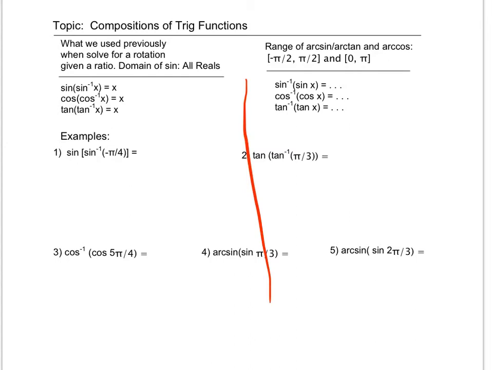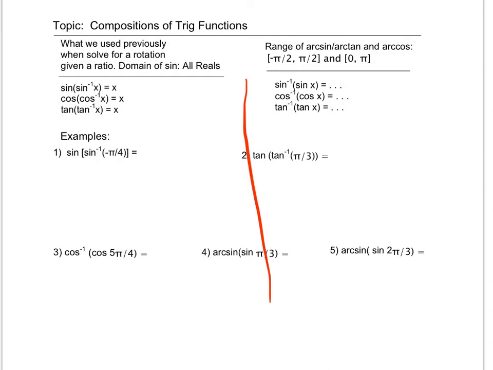Other than tangent, which has restrictions wherever we have vertical asymptotes, but my rotation isn't going to be a vertical asymptote, so we don't have to worry about that. So if we're given something that's in the domain, then all we have to do is go and find the value. We don't have any restrictions to any area on the circle with sine, cosine, or tangent.